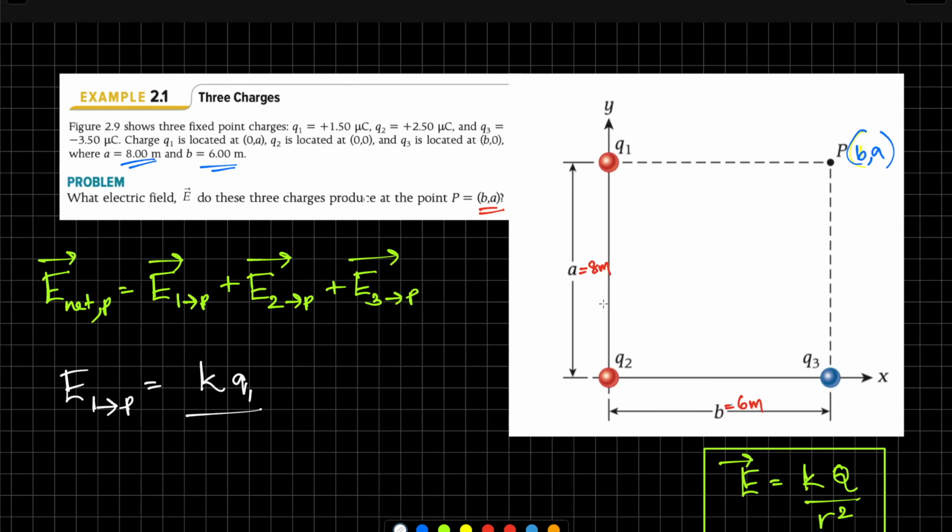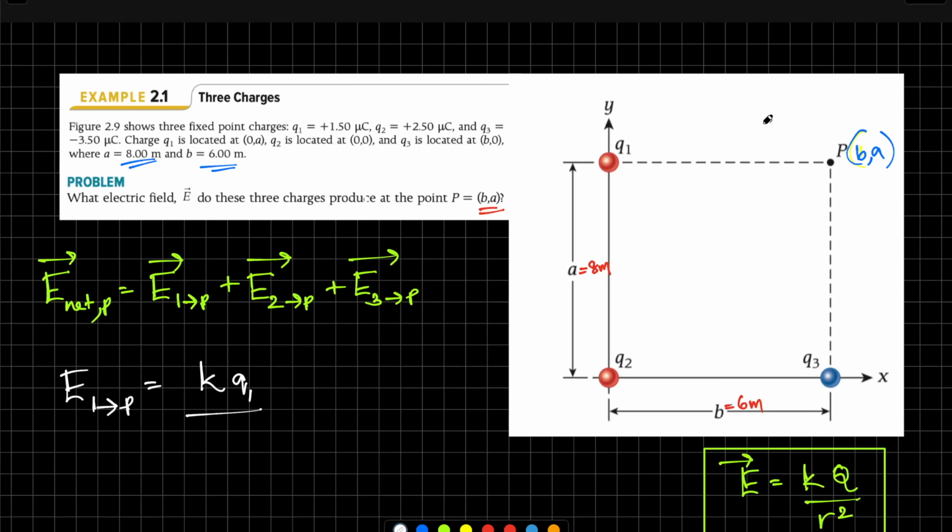divided by the distance. Distance from the charge to the point where you are measuring the electric field. So this distance, what is that distance? That distance is B, 6 meters.